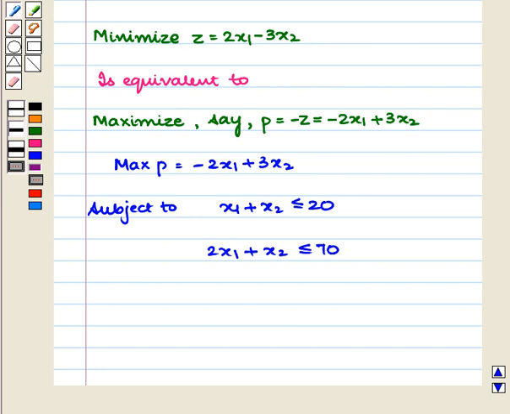Note that here we will find the maximum value of p, but we need to find the minimum value of z. So we will multiply the obtained maximum value of p by a negative sign.